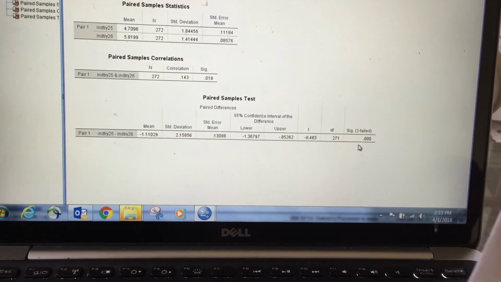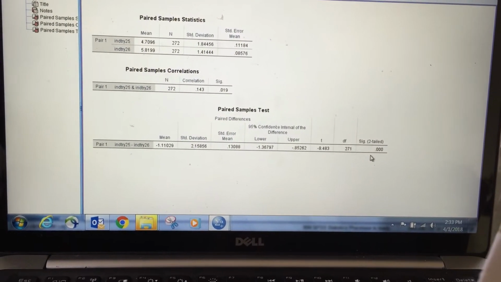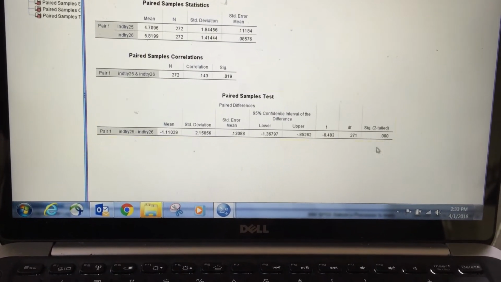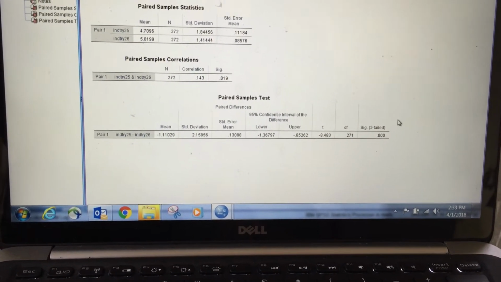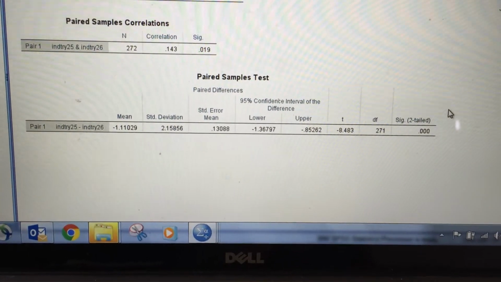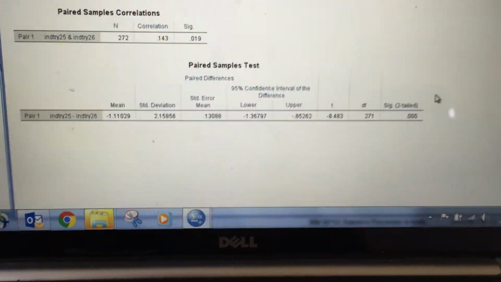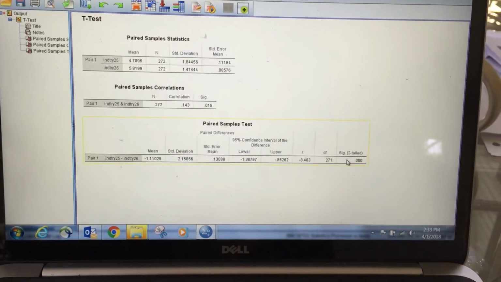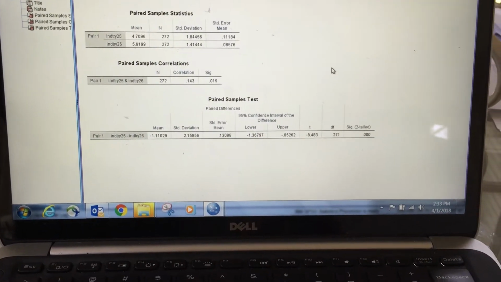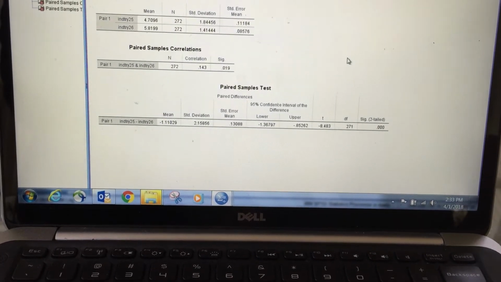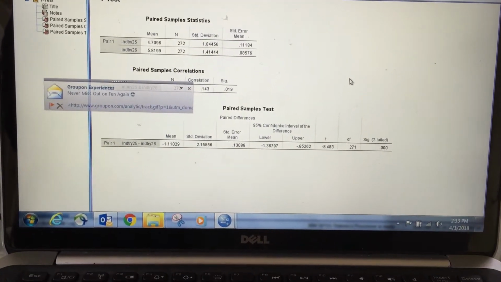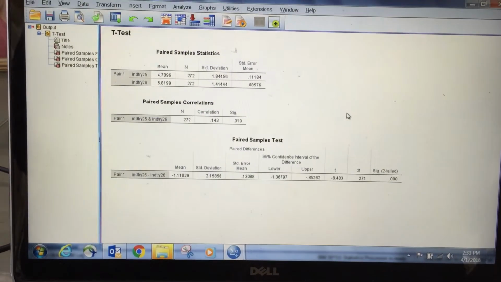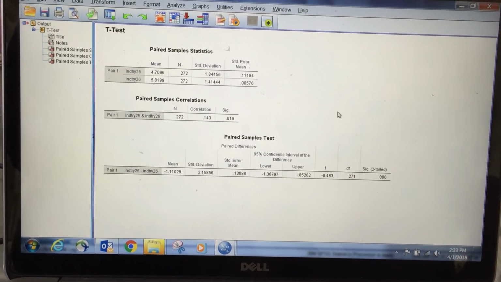C states, explain whether you accepted the null or failed to accept the null hypothesis. Because we have statistical significance, we have a true statistically significant difference between how our respondents feel about these two questions. So because we have statistical significance, I will reject, or as it is more correctly termed, I will fail to accept the null hypothesis, which responds to C. And D says articulate what this means.